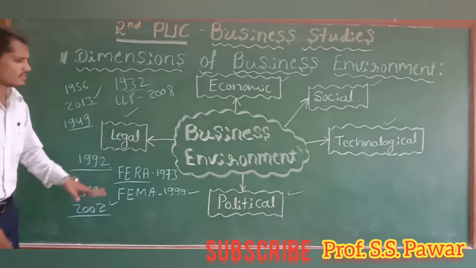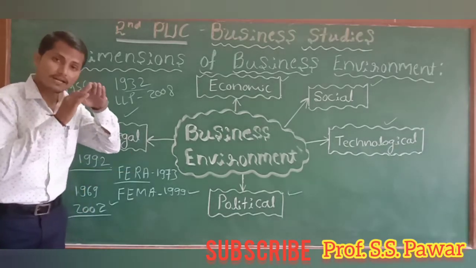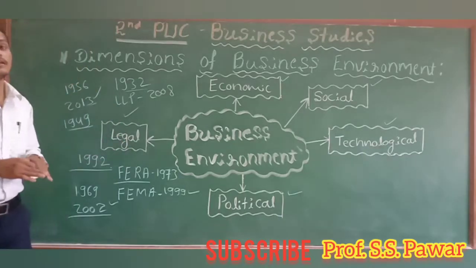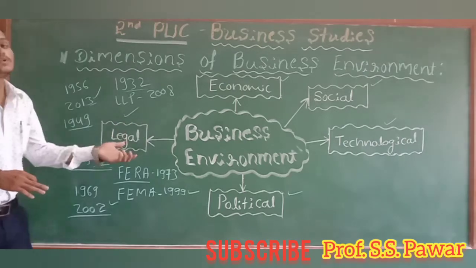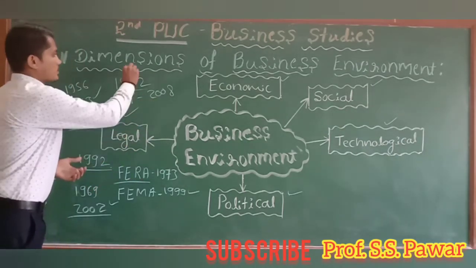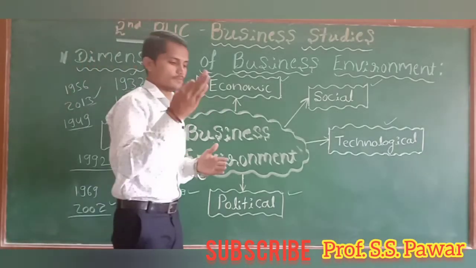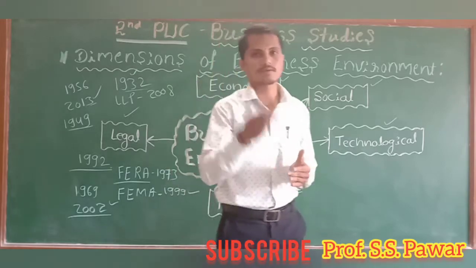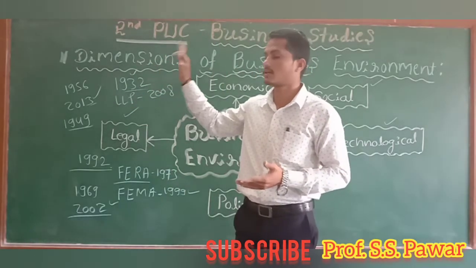Likewise there are a number of rules, regulations and acts. Businesses have to follow the rules and regulations of the government or of specific sectors of activity. Partnerships have to follow the Partnership Act 1932.